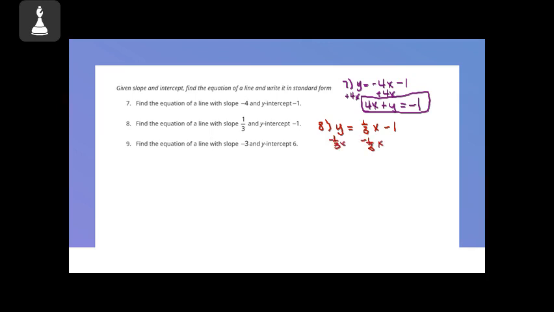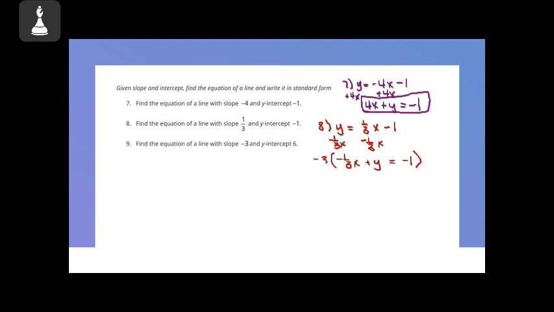This makes negative 1/3 x plus y equals negative 1. We have two things wrong with this. We have a negative in front and a fraction. So what I need to do is get rid of the negative and the divided by 3. And the way I do that is I'm going to times everything by negative 3.